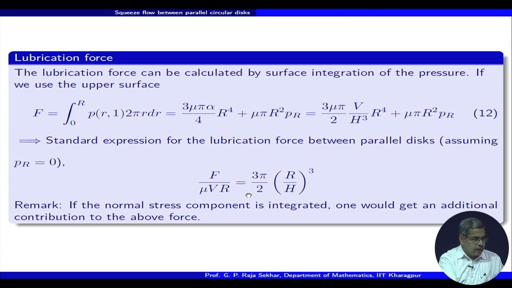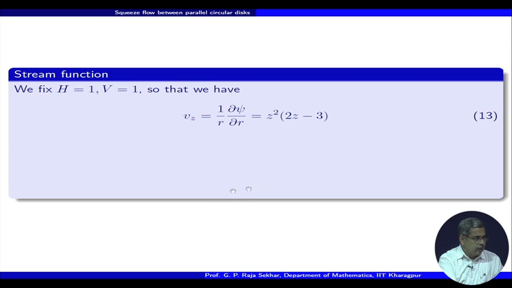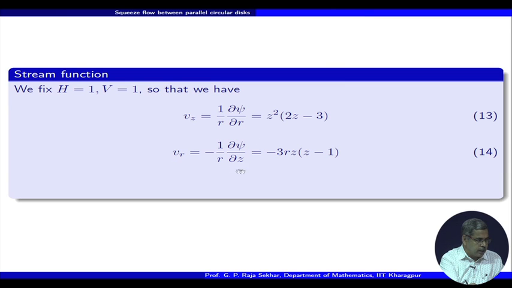The next interesting thing is to compute the streamlines. So, we fix h equals to 1 and v equals to 1 just for the calculation purposes, and then try to get the corresponding stream function. Okay. So, V z is given by this and V r is given by this, where psi is the stream function, and when we take h equals to 1 and v equals to 1, we get the simplified expressions for the velocity components.